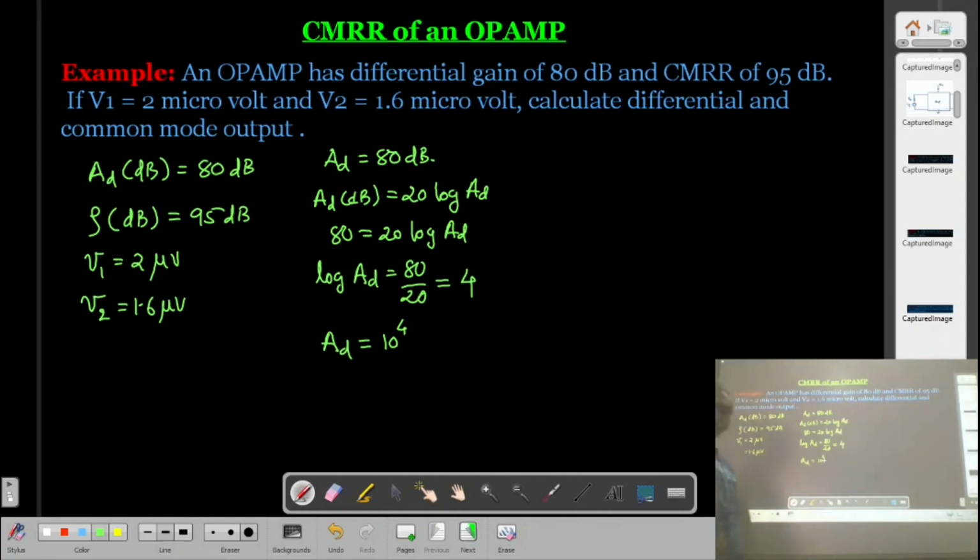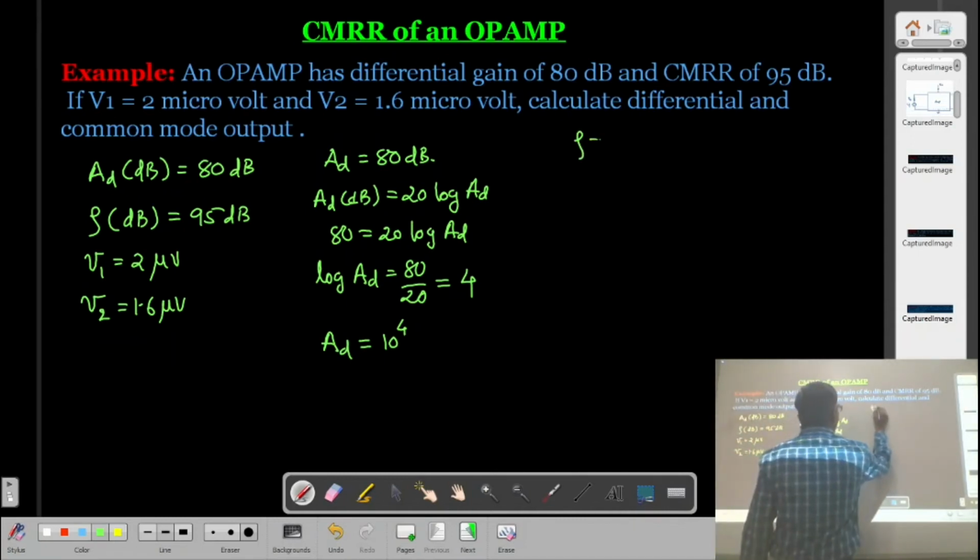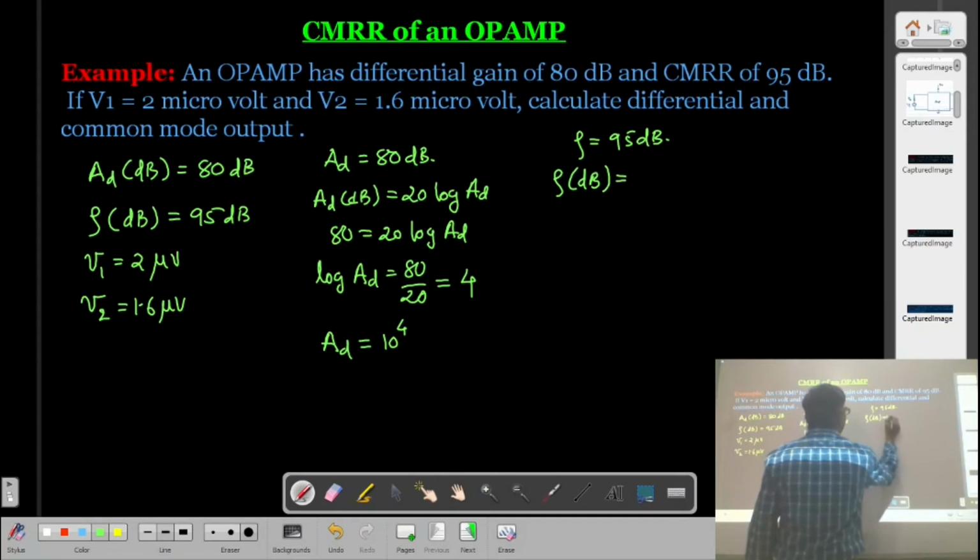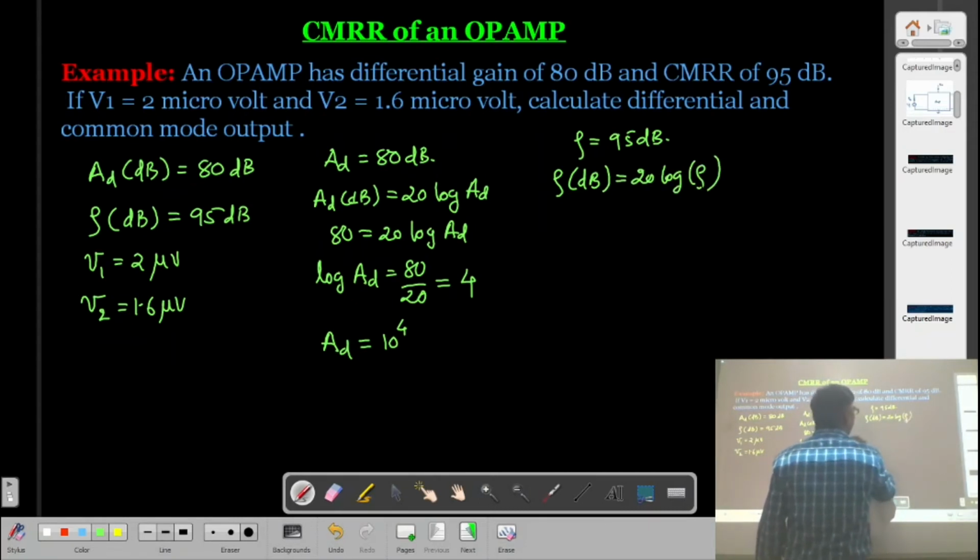Correct? Same way, here rho is given as 95 dB, and rho in dB is 20 log rho, so 95 equals 20 log rho.